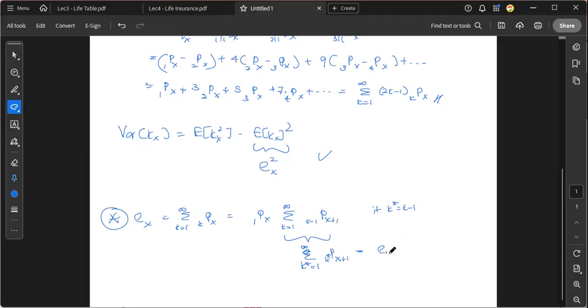And it is the future lifetime expectation of a person who is at age x plus 1. Now you will see that. So we need 1 in here because, if k is equal to 1, k star is equal to 0.